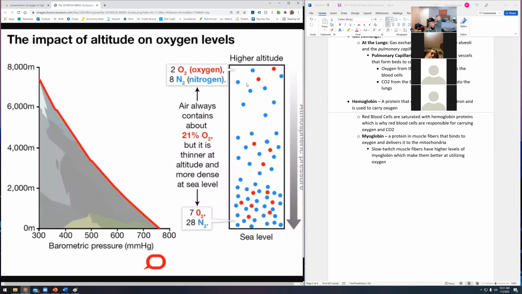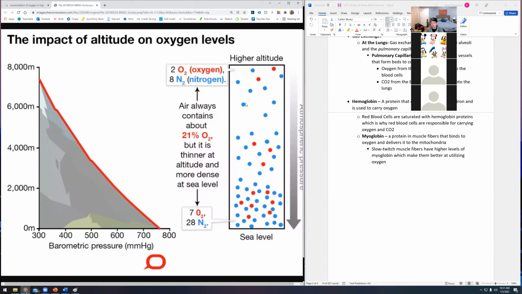Now at Everest, what's kind of funny is you'll see people carry oxygen tanks with them. And that's because they say the air is much thinner up there. Here's what's funny. The composition of the air is actually the same.